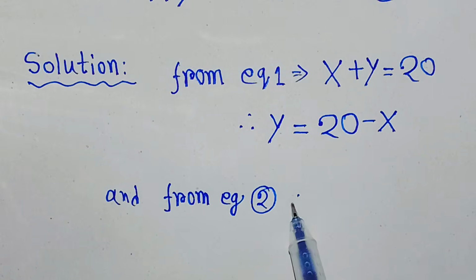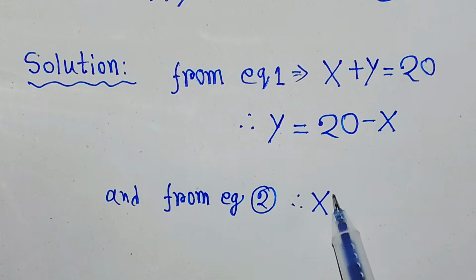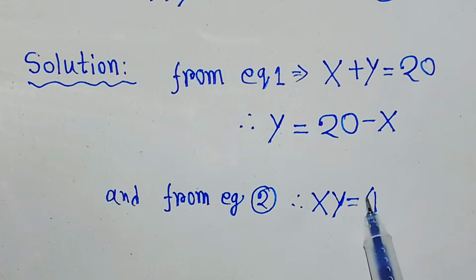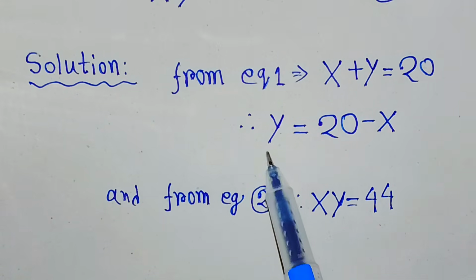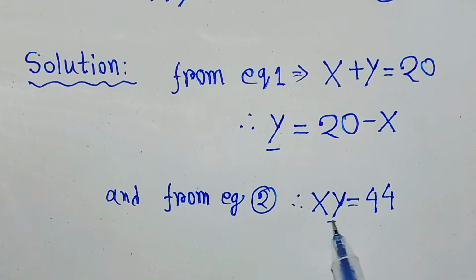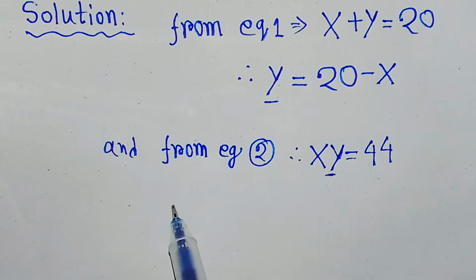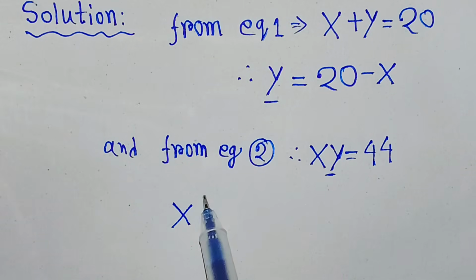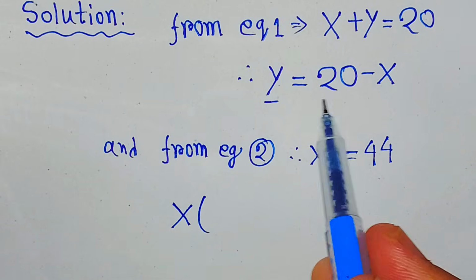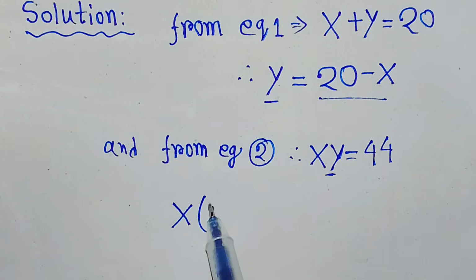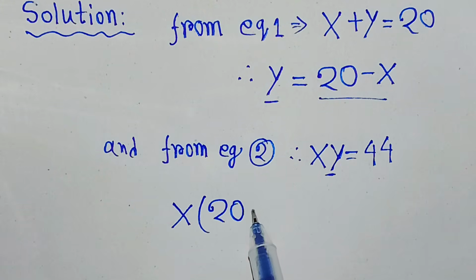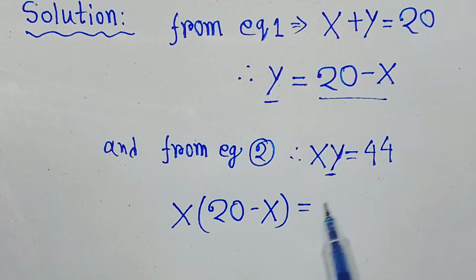So from equation number 2 we get x times y is equal to 44. We just replace the y value here. Then we'll get x times (20 minus x) is equal to 44, right?